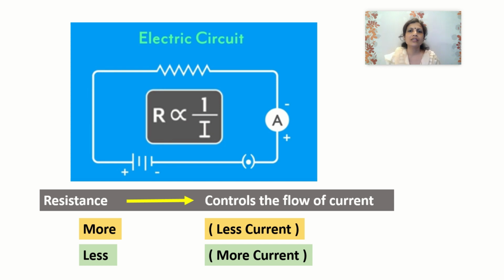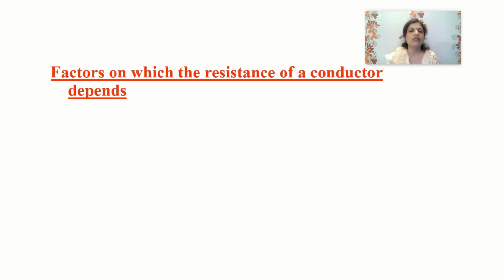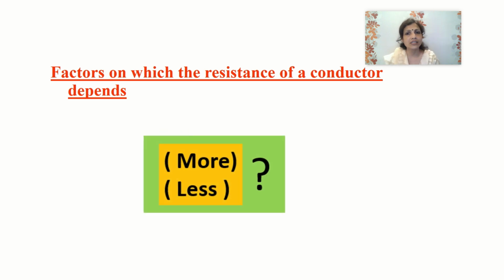So we are going to discuss the resistance of a circuit and the factors on which it depends. When the resistance is more or less, what is happening in an electrical circuit?